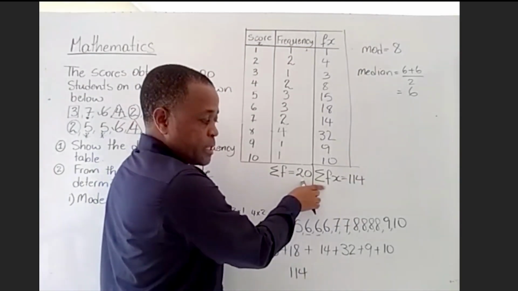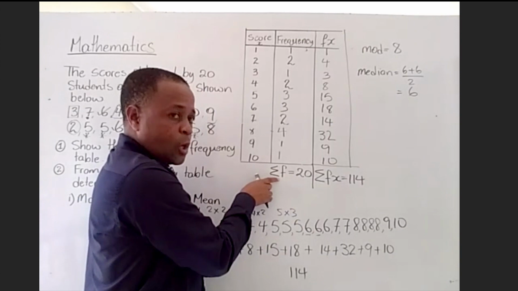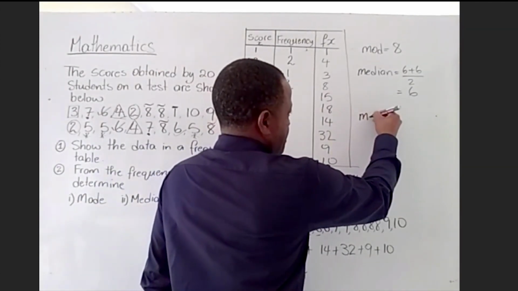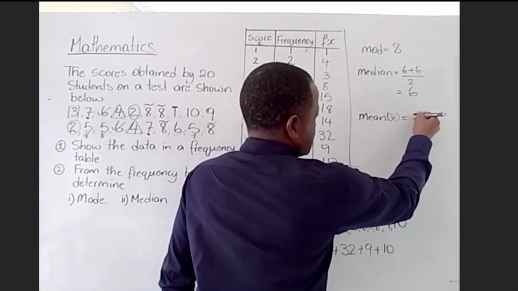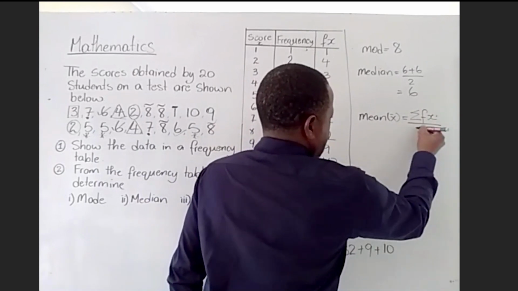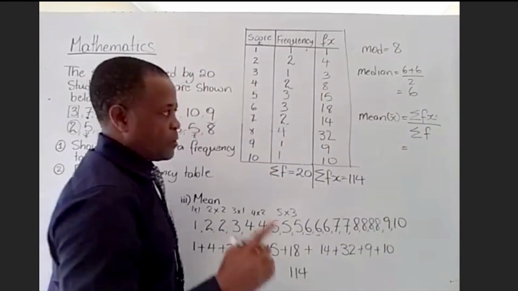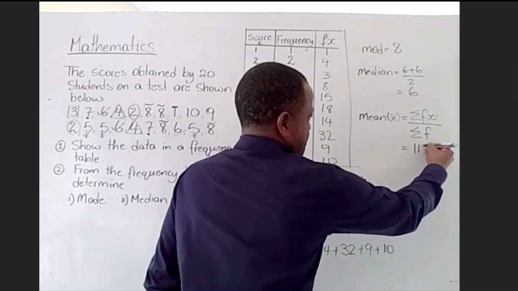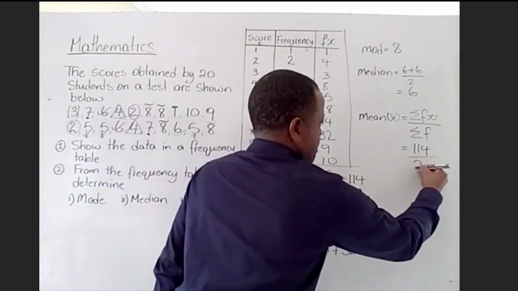But the 114 here is really the sum of FX, and the 20 here is the sum of F. Therefore, we can write it down as the mean is equal to the sum of FX divided by the sum of F. The sum of FX is 114, while the sum of F is 20.